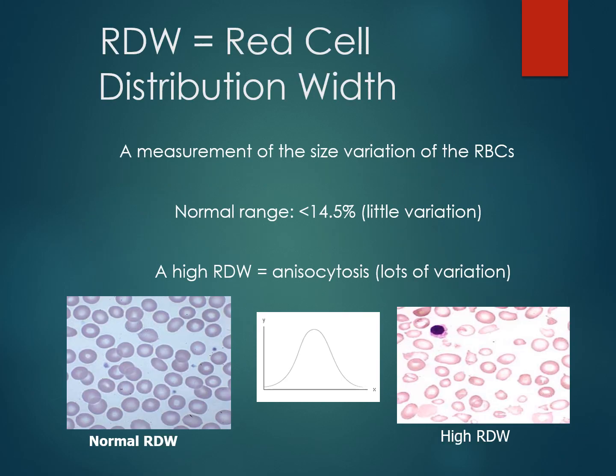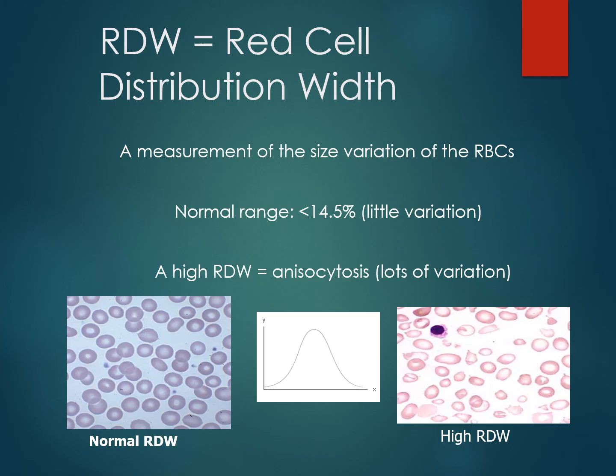The final red blood cell index that I want to introduce you to today is called the RDW. That just means red cell distribution width. And this is essentially a measurement of the size variation of the red cells. So a normal range for RDW is less than 14.5%. That means very little variation between the size of the red blood cells that are in circulation.